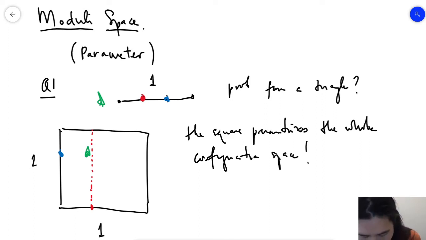If the blue point is chosen less than red, if the blue point is chosen here, then of course we cannot form a triangle, because the sum of the two smaller ones is less than the longer one, and that dissatisfies the triangle inequality.